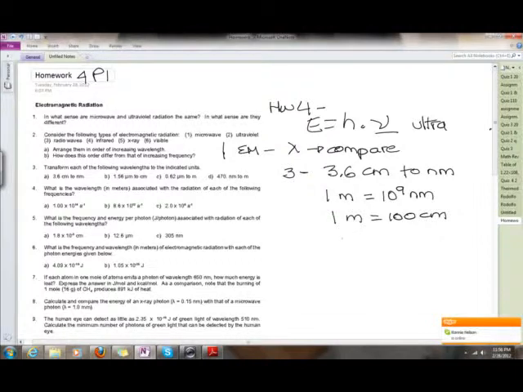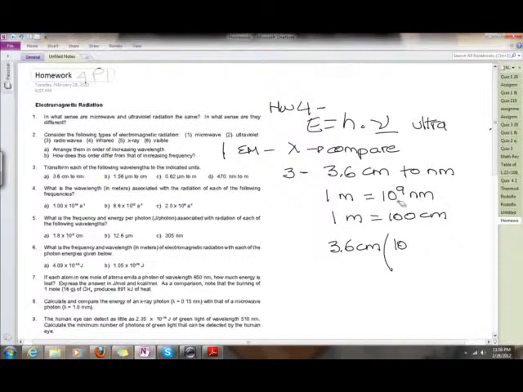So if you have here 3.6 centimeters, the desired unit is nanometers. So we first go to meters, from centimeters to meters. It would be 100 centimeters, desired unit on top, sorry.